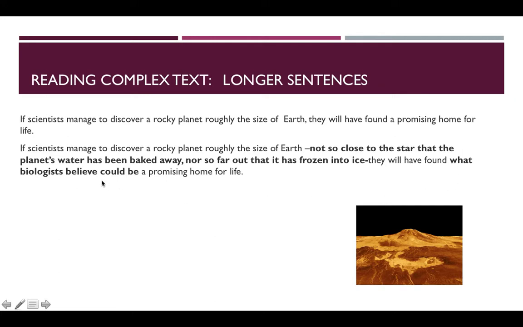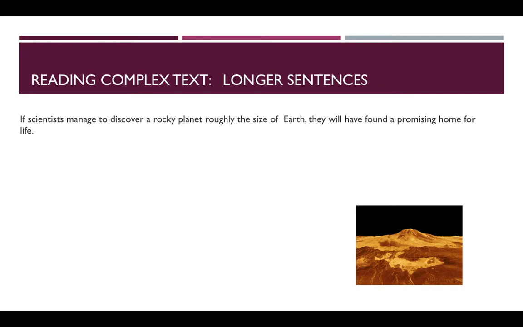So now we have a longer sentence that reads, if scientists manage to discover a rocky planet roughly the size of Earth, not so close to the star that the planet's water has been baked away, nor so far that it has frozen into ice, they will have found what biologists believe could be a promising home for life.